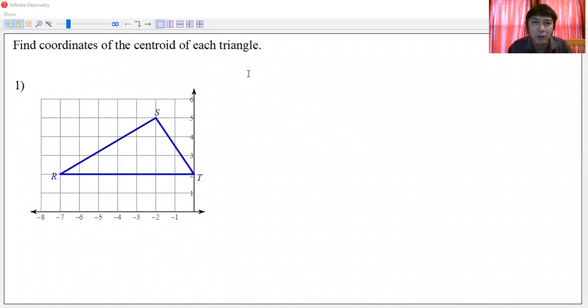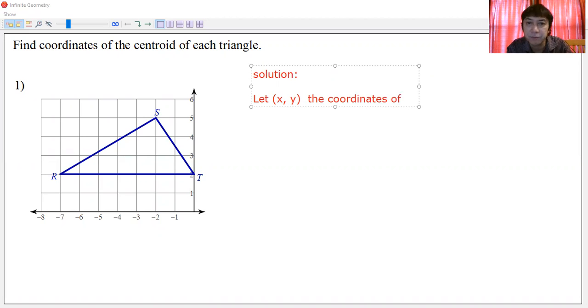All right, so this will now be the solution. We can start with: let x, y be the x and y coordinates of the centroid of the triangle.